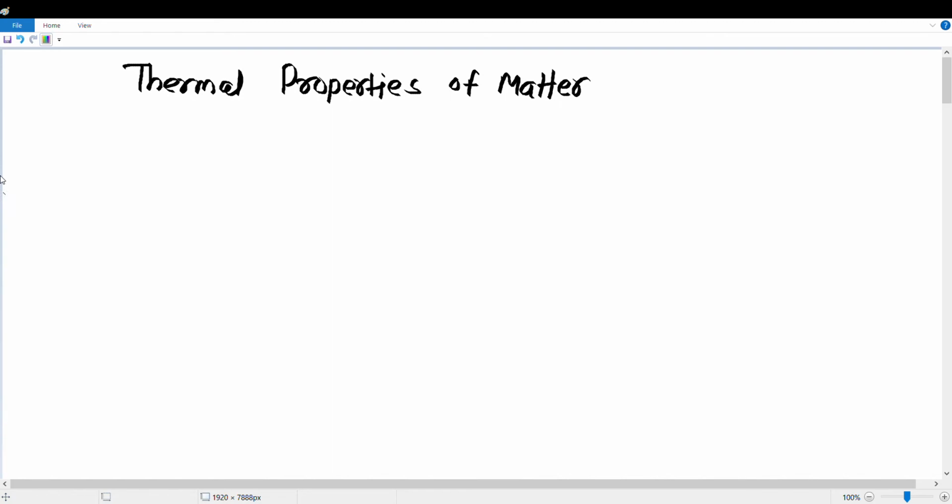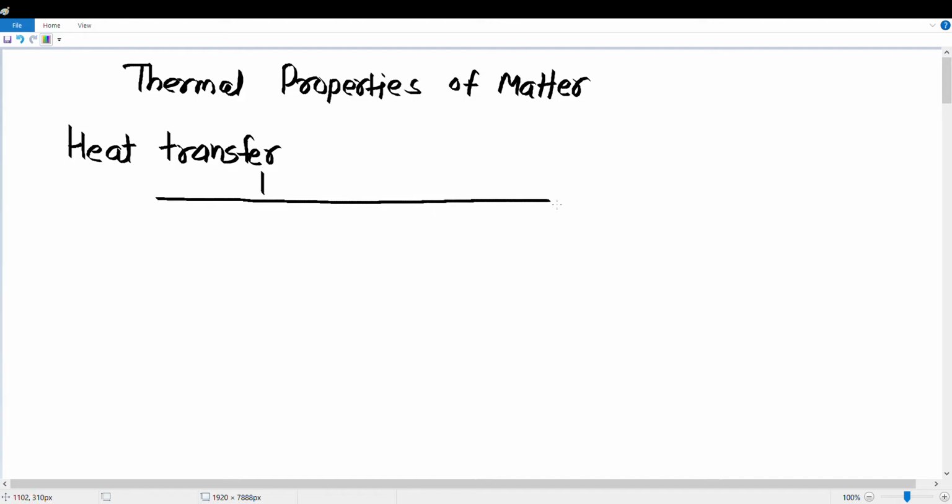So far, in this chapter, we have seen heat and the phenomena which are related to heat, and now let us see the heat transfer. Heat is transferred from one point of the medium to another point of the medium in three ways. The first one is known as conduction.